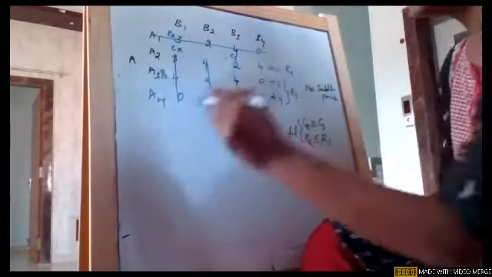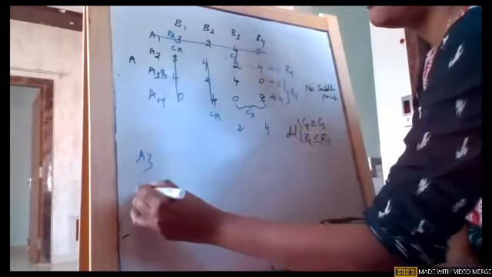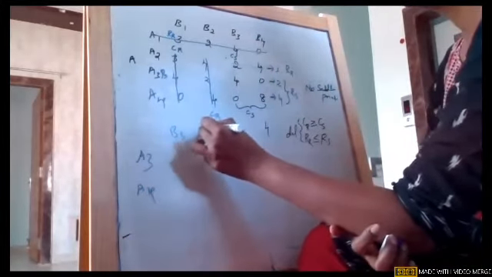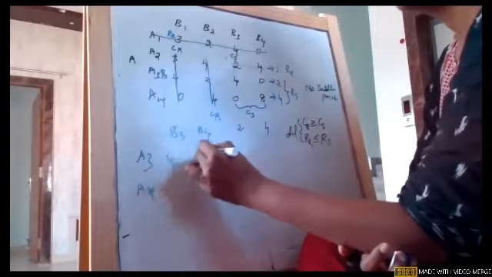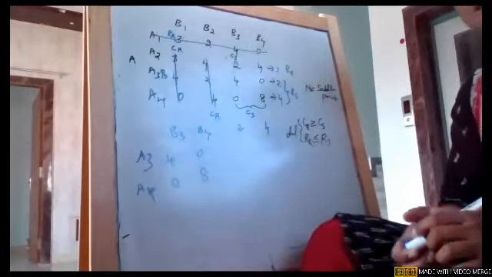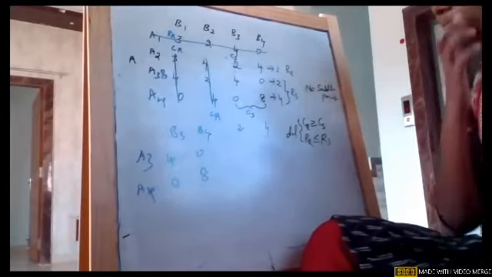So the remaining matrix is A3, A4. This is the matrix which is remaining after applying dominance.